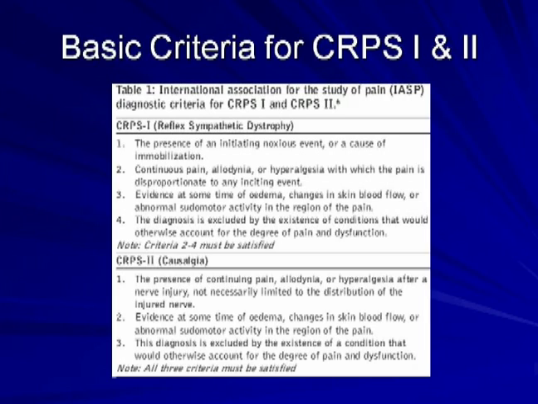And all of these criteria had to be present for causalgia. I'm not going to read the criteria; you can read them in the slides that will be available to you. But the concept is what I want to get across, that there were different definitions for making a diagnosis of CRPS type 1 and CRPS type 2.